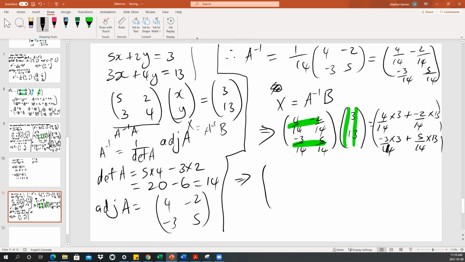This part is straightforward. So I have 12 over 14, and then, of course, this is negative, so this is negative 26 over 14. And then this is my negative 9 over 14, and this is 65 over 14.